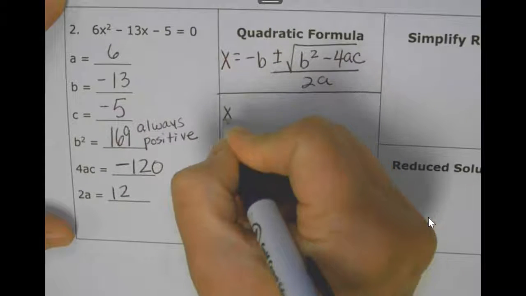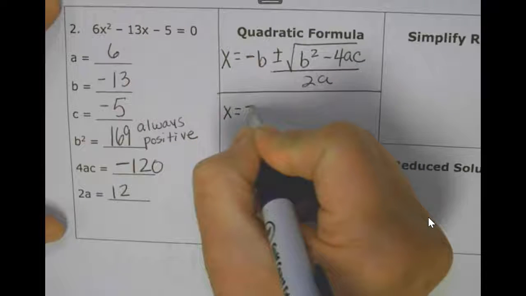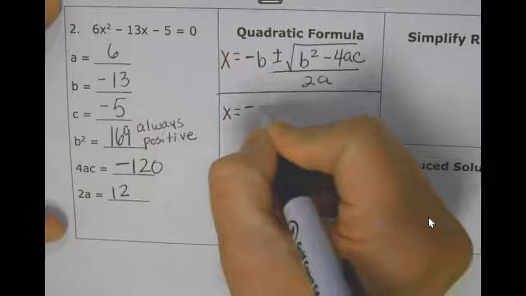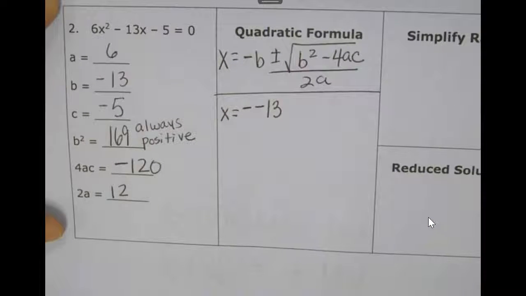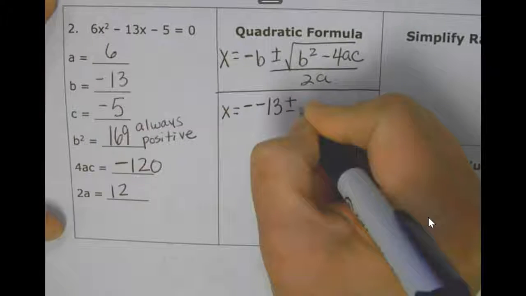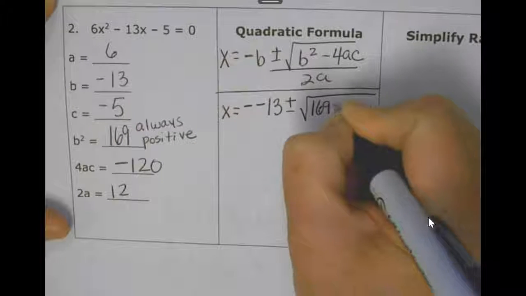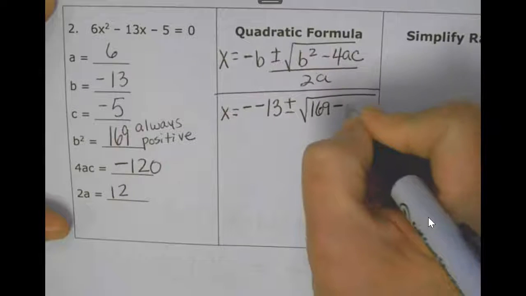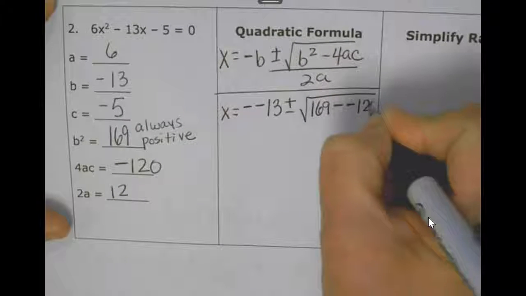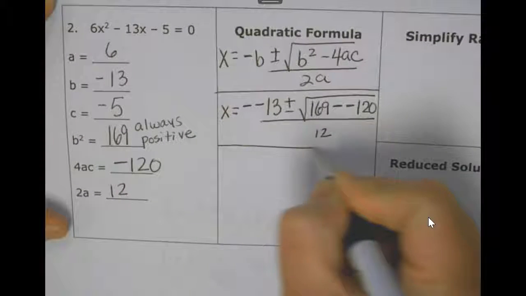So you plug in your b. This minus is from the formula. And then the b is minus 13. Plus or minus, b squared is always positive. This minus is from the formula. This minus is from the 120, all divided by 12.